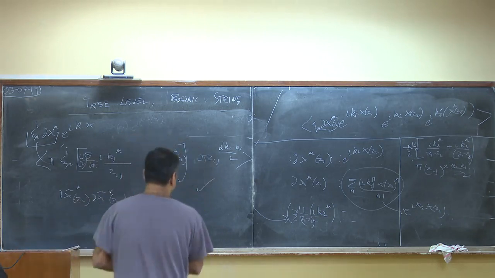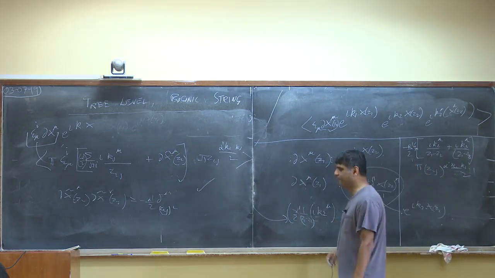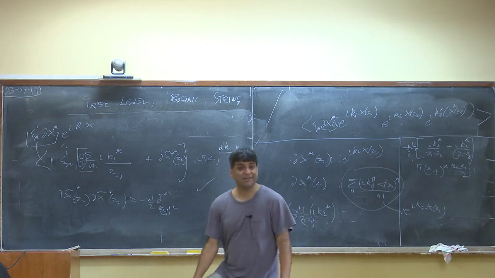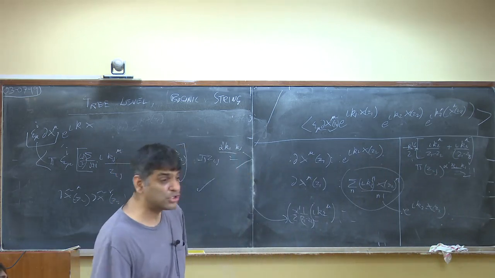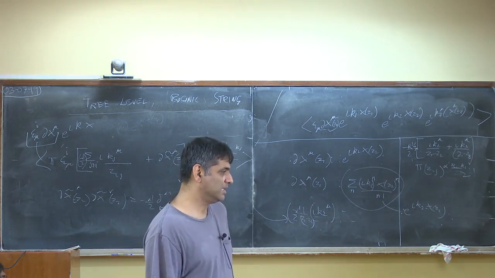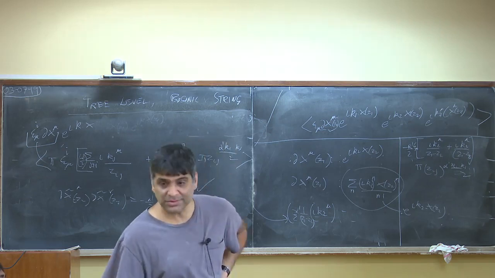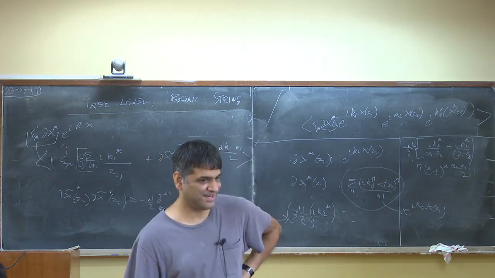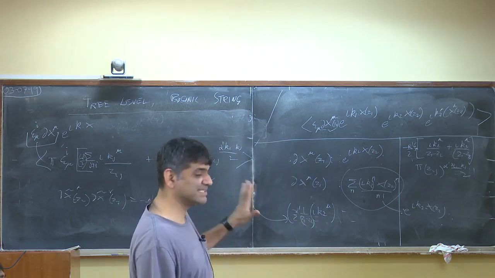Okay, so now let's do some more serious calculations. The first thing we'll do is scattering of a tachyon. Let's say the scattering of two tachyons of something with a zeta tilde.